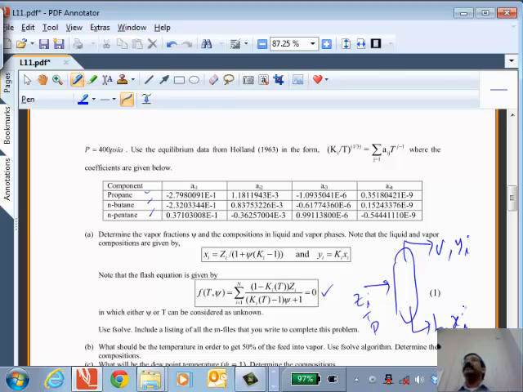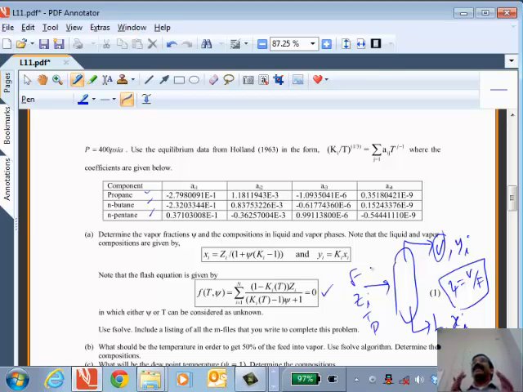Okay, and our task as a process engineer is to find out what fraction goes as vapor. So we define psi as V divided by F. Okay, F is the feed rate. So you're putting the feed at a certain rate, and you want to know what fraction goes as the vapor.